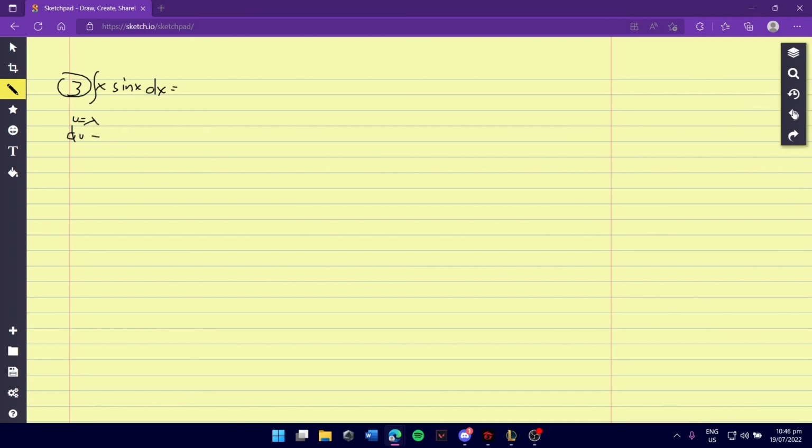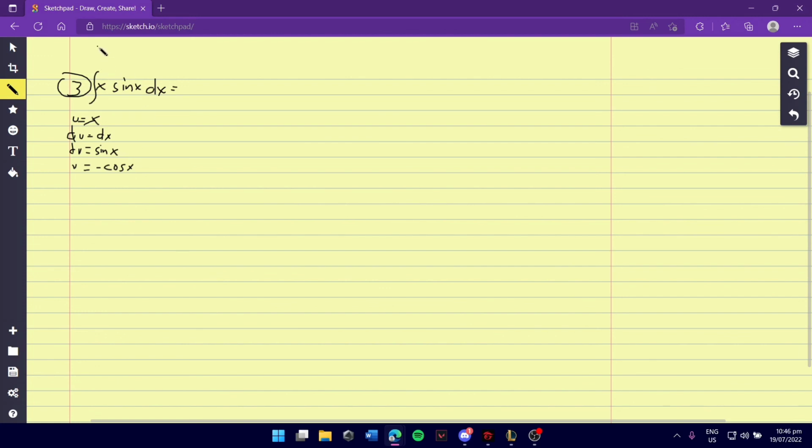Our dv here is sine x dx, then our v here is negative cosine x.